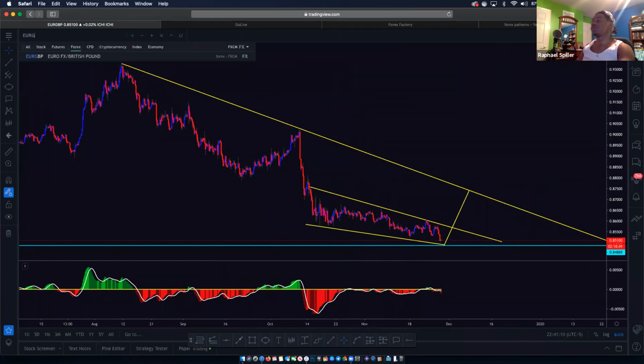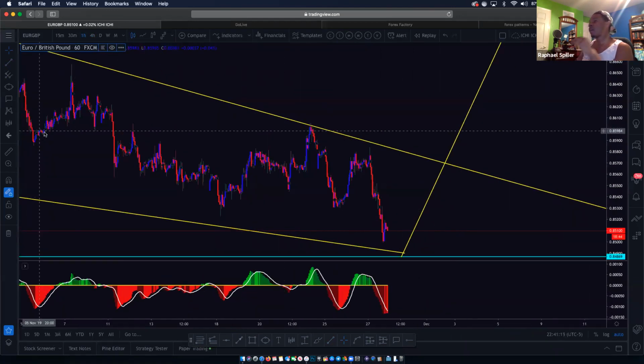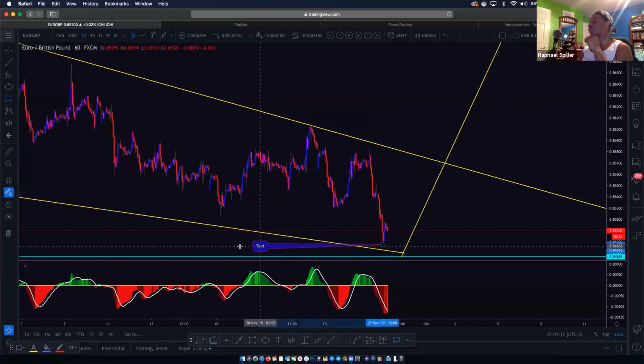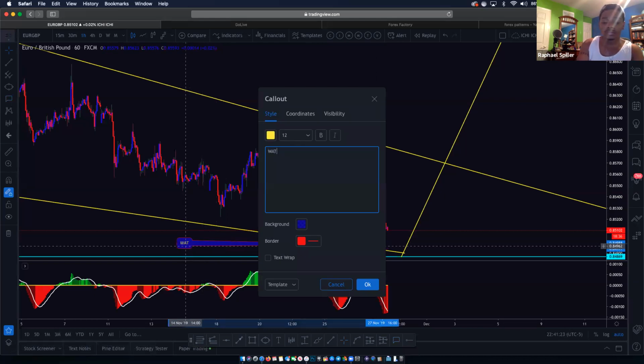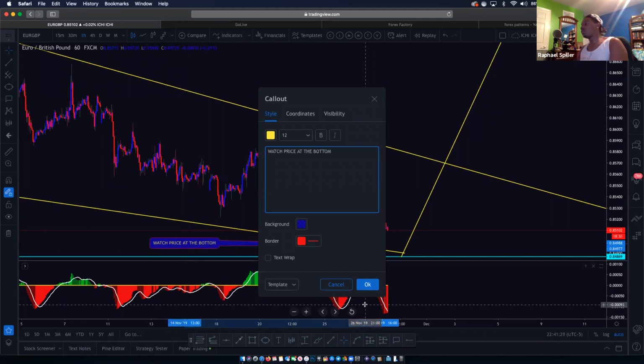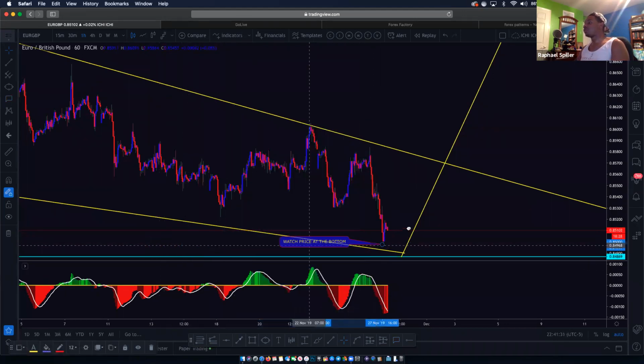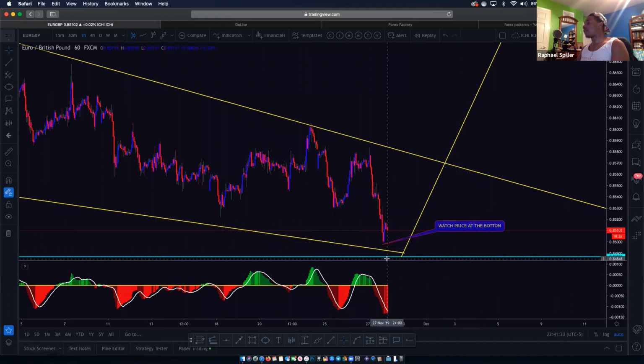All right. But right now, actually, let's say on the hour, right now, I would just watch price here. To be honest, we're already at the low. So watch price at the bottom. We're already at this area.